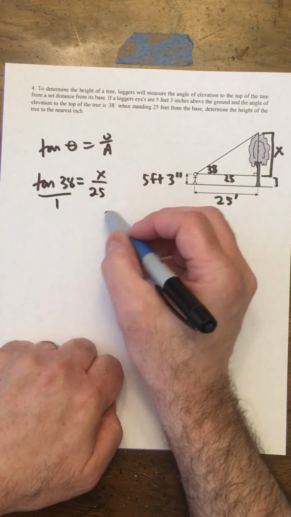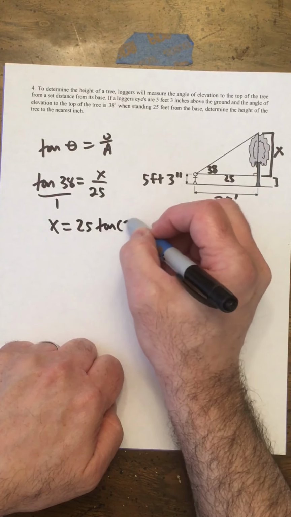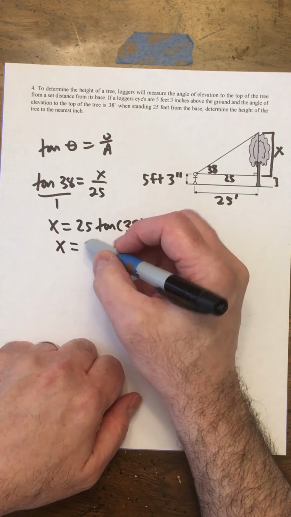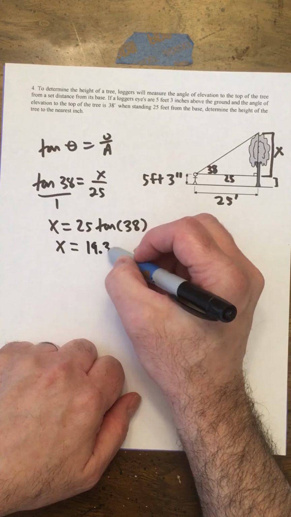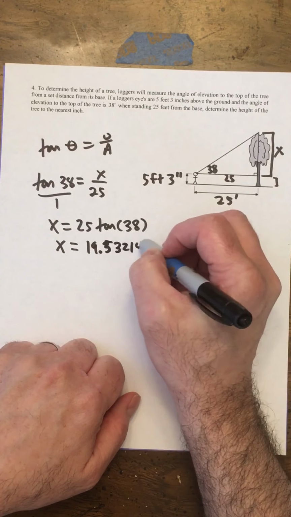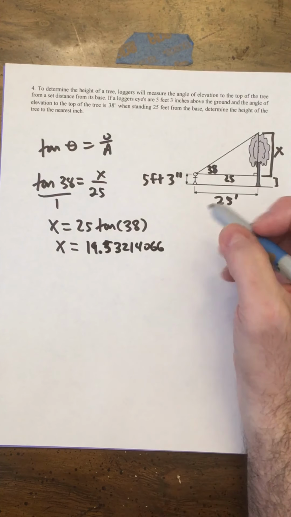Put this over 1 and cross multiply. We're going to get x equals 25 tan 38. We're going to want to put that in parentheses. And we get this number, 19.53214066.